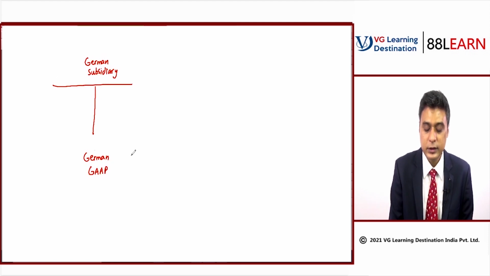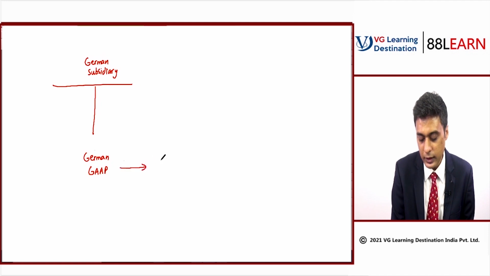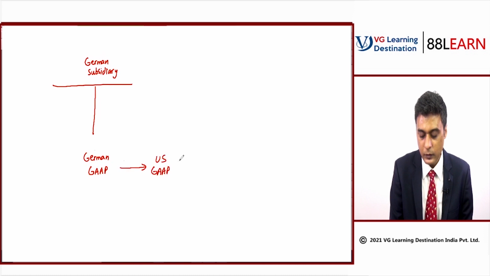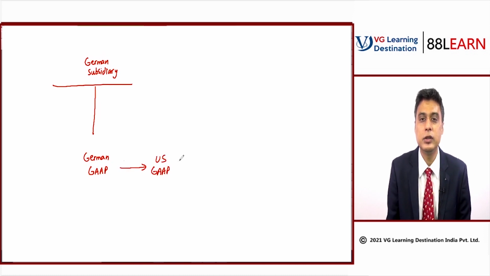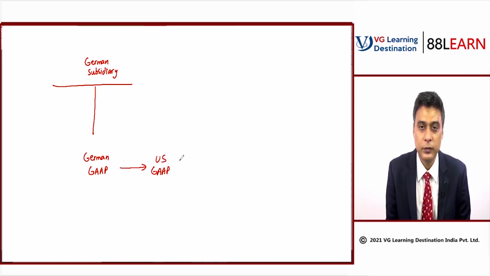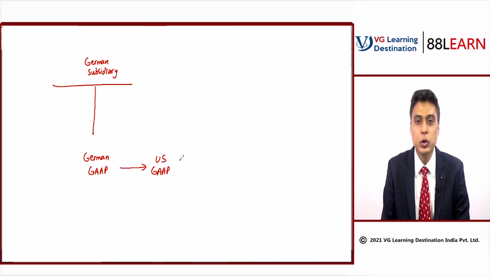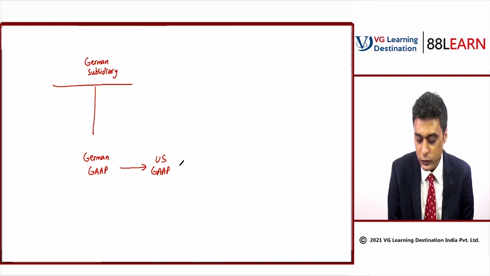So the first step is converting the financials from German GAAP to US GAAP, assuming that we are going to file the financials with the SEC under US GAAP, right? So we are going to convert from German GAAP to US GAAP, and then of course we are going to do the foreign currency conversion.